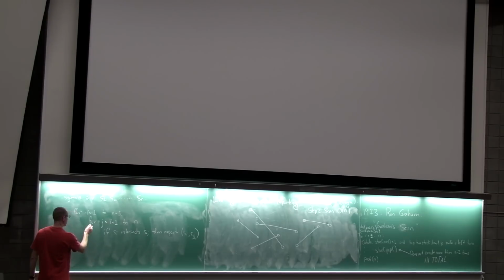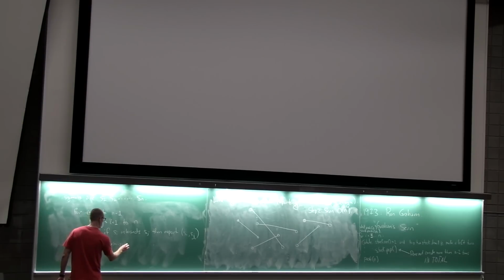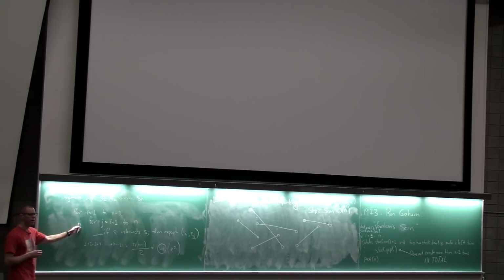And we've seen that means that this check executes 1 plus 2 plus 3 plus 4 up to n minus 1 times. And even a 9-year-old can tell you that that's a quadratic time algorithm. Can we do better than that? Or is this the best possible algorithm?